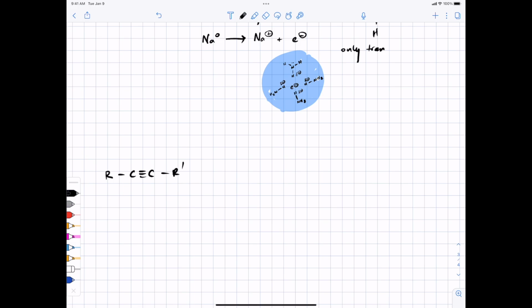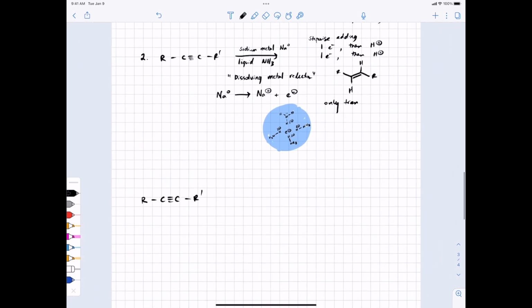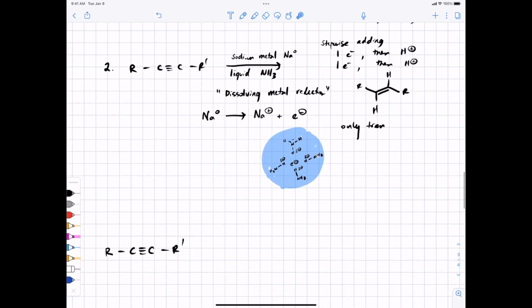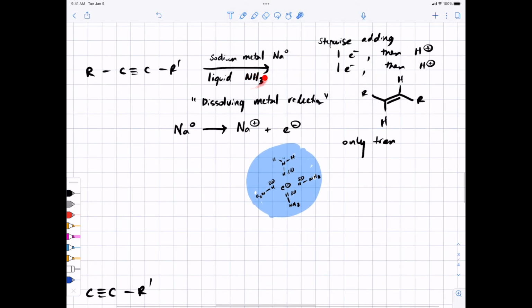So, where does the hydrogen come from? The hydrogen comes from NH3. Some of the intermediates have negatively charged carbons, and so those are strong enough bases to pull off a proton from NH3. One of the byproducts we're not showing here is NH2 minus.